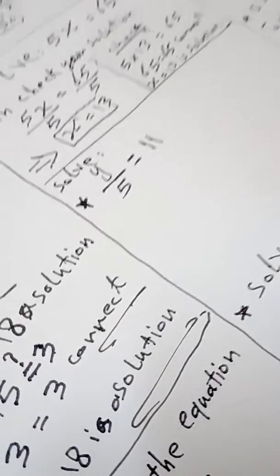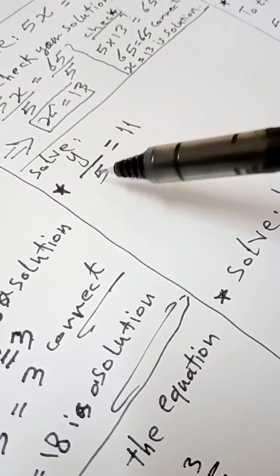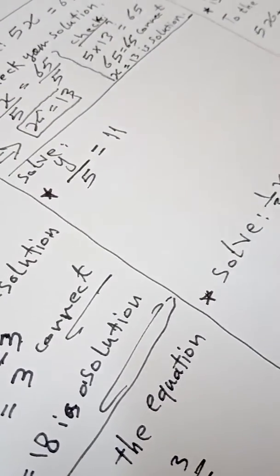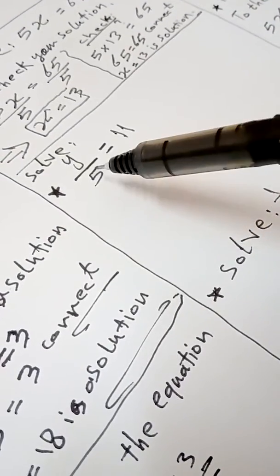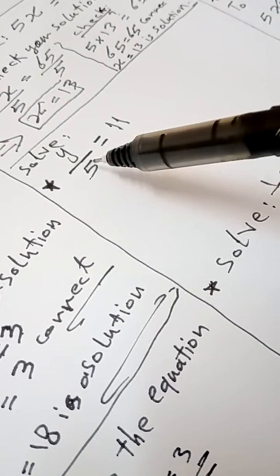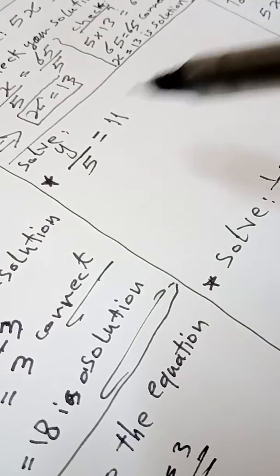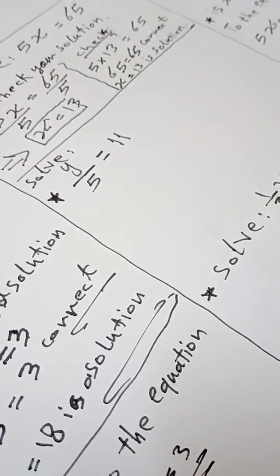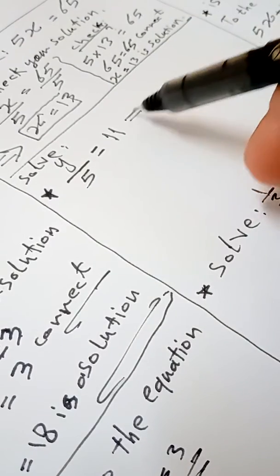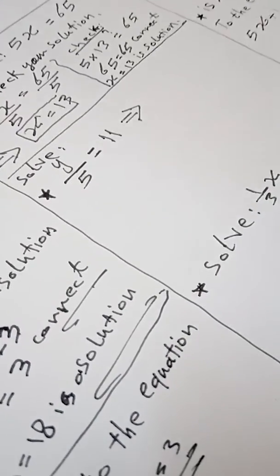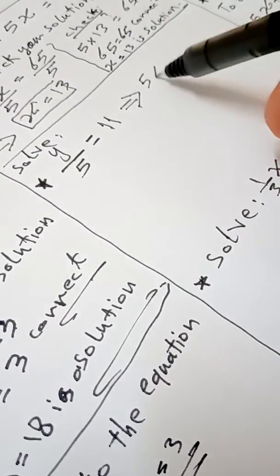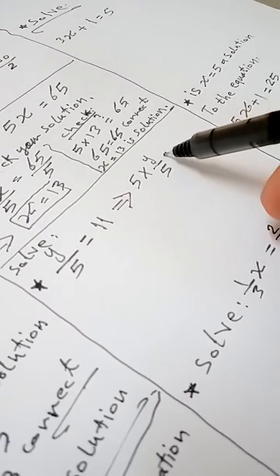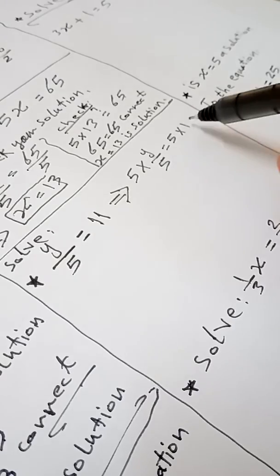In this equation, y over 5 equal 11. How to solve this equation? We must remove the 5. How to cancel this 5? Try to multiply the two sides by the same number. Multiply by 5. So I can write here 5 times y over 5 equal 5 times 11.